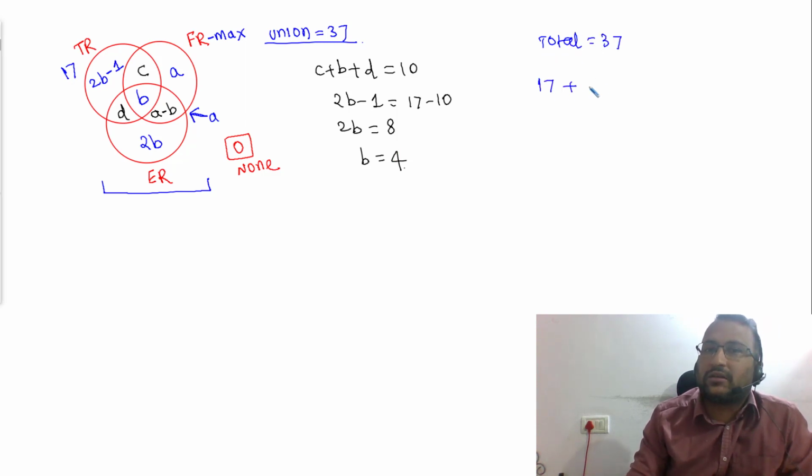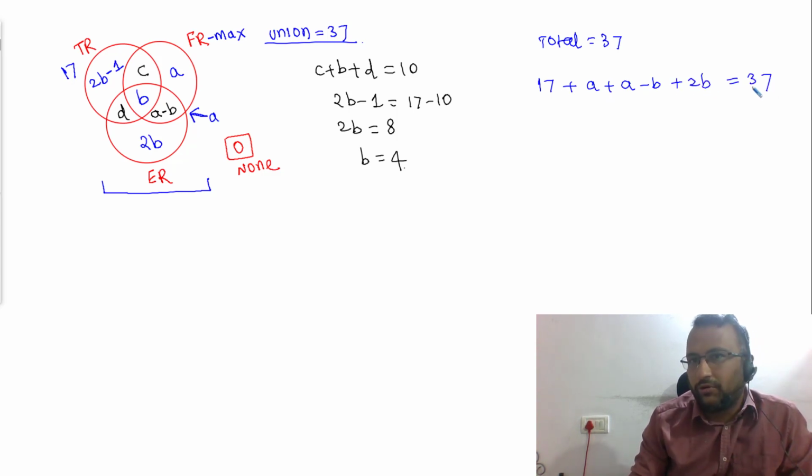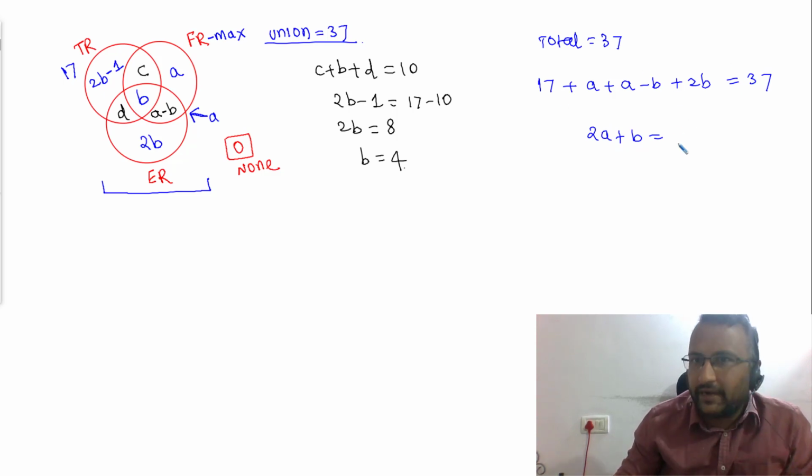Out of the TR circle, it is A plus A minus B plus 2 times B is equal to 37. So over here, what will get cancelled out, everyone? 2 times A plus B is equal to 37 minus 17. That is equal to 20. The value of B is equal to 4. So the value of A will become 8.